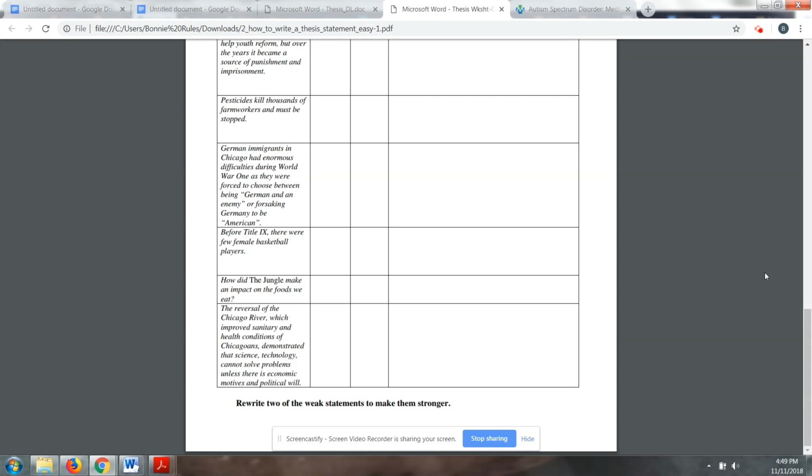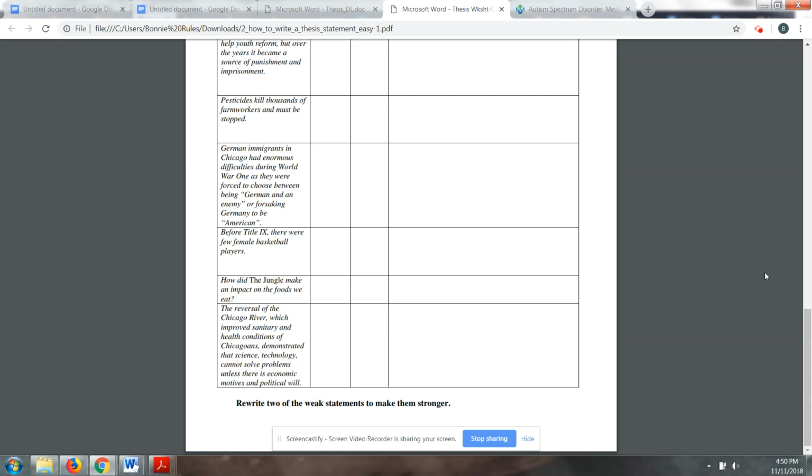Before Title IX, there were few female basketball players. Title IX is a protection act, so it is meant to lead to gender equality in sports specifically. Title IX argues that you need to have the same amount of funding for both male and female sports, and you also have to have the same amount of sport options.